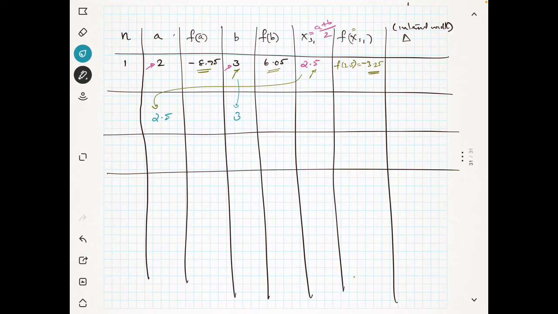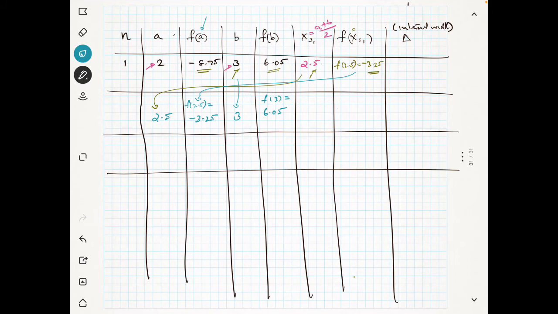Okay, and we have already seen f of 2.5, so we can put it here because this is the new a. So f of a means f of 2.5, which is equal to minus 3.25. Got it? Now this is my b, and f of b, or f of 3, is equal to 6.05. Now you see, one is negative and another is positive.